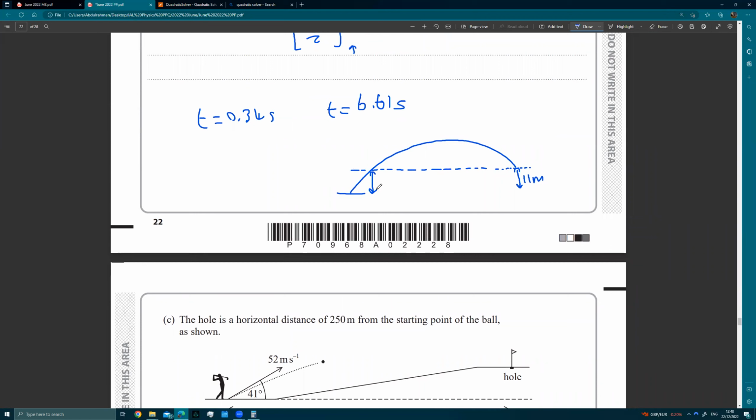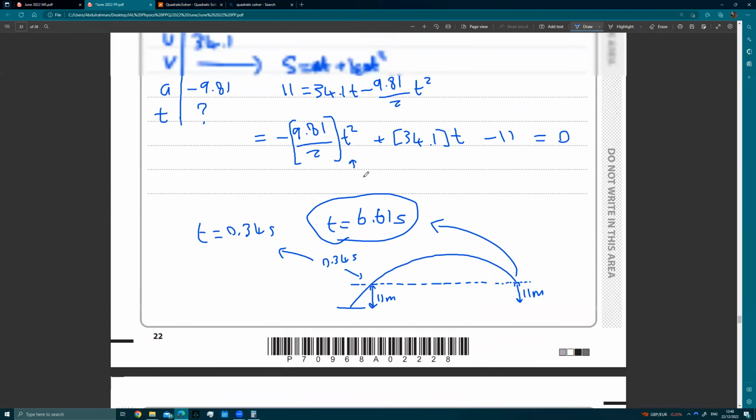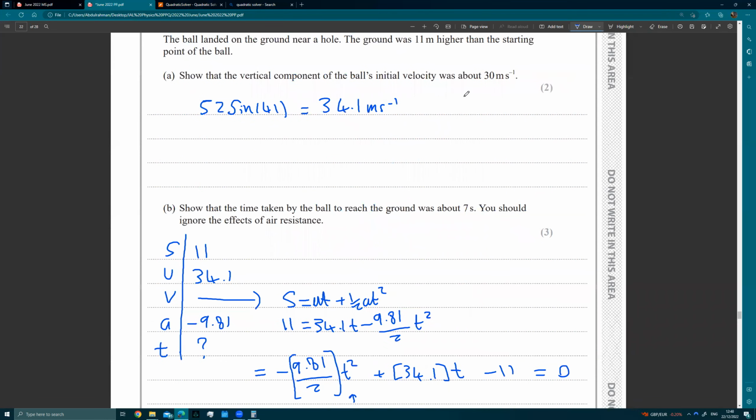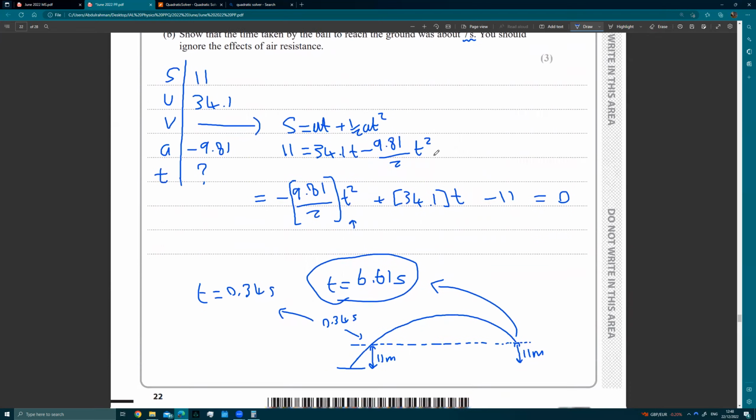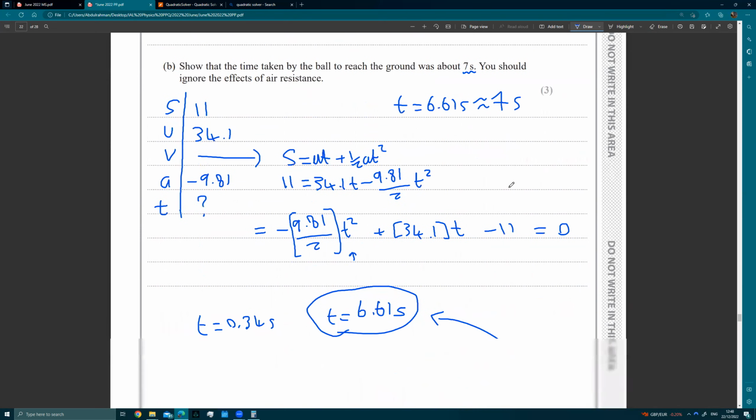The first time was somewhere near the start, which we worked out to be 0.34 seconds. The second time was 6.61 seconds. So obviously we care about the second time. We're going to say T is equal to 6.61 seconds, which is around 7 seconds.